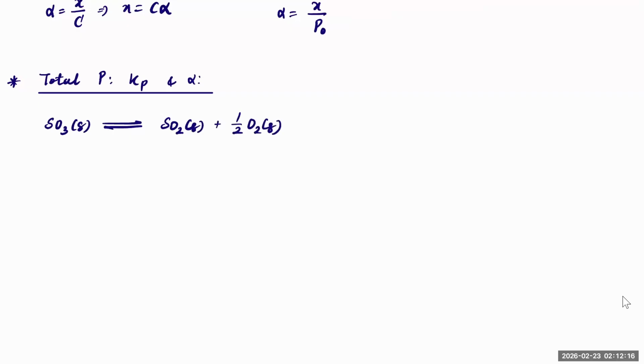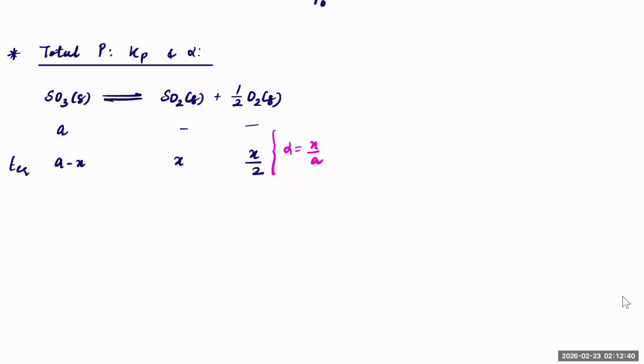In that case, you can start with some A moles or you can start with 1 mole. So start with A moles here, and at equilibrium A minus X moles have been lost to form X moles here and X by 2 moles here. And if I define in terms of alpha, alpha is simply X by A.